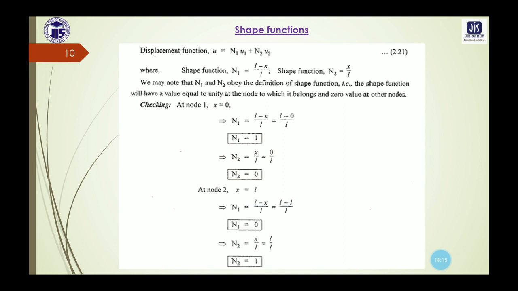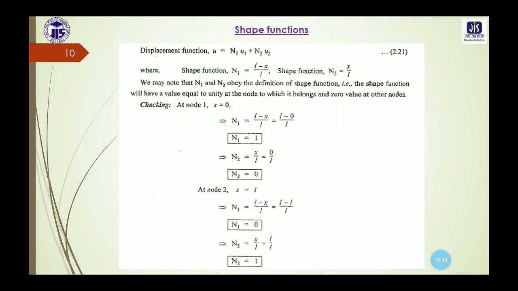At node 2, when x equals L, N1 is 0, and the value of N2, which is x by L, equals 1. So the properties of the shape function are satisfied here. That means N1 and N2 have a value equal to unity at the node to which they belong and zero value at the other nodes.